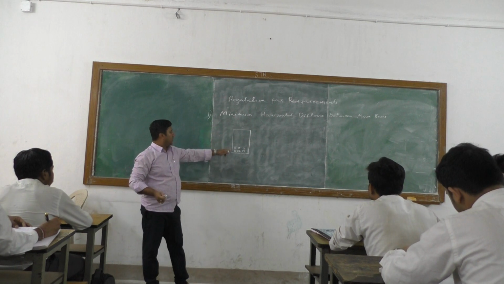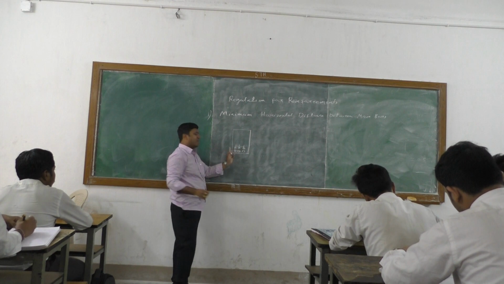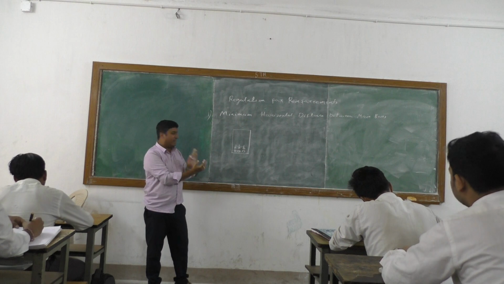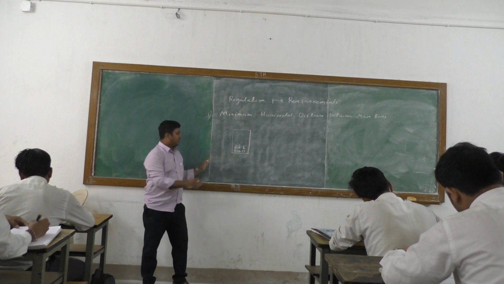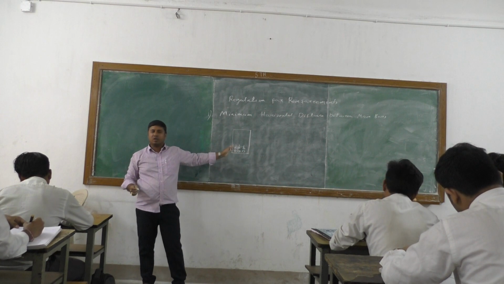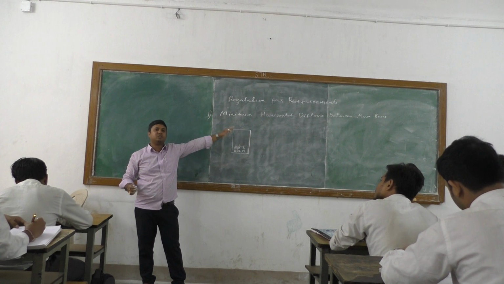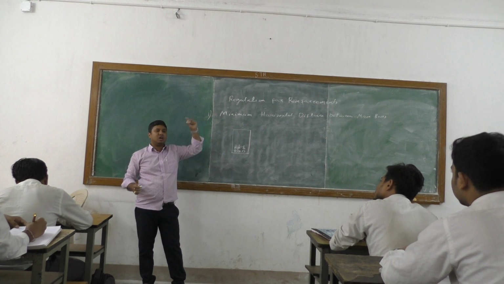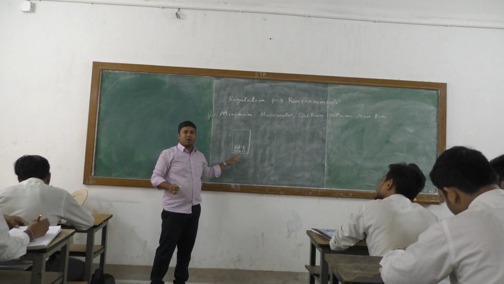The distance between one bar and another bar, the horizontal distance, means the clear spacing between the bars, is a requirement. And what is the requirement? The requirement is so that the aggregates can get inserted down to the soffit of the beam.